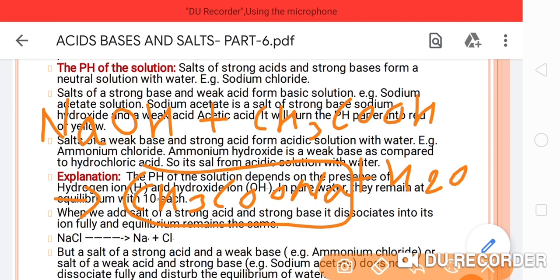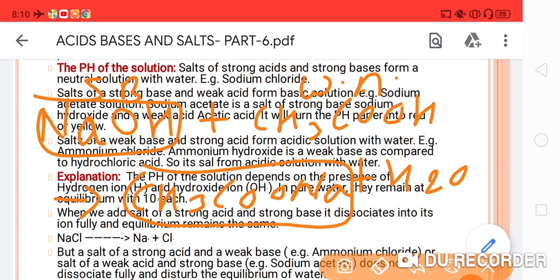Why? Because we have taken a strong base and a weak acid. So when a weak acid interacts with a strong base, the salt which will be formed will be a basic salt. Is it clear?